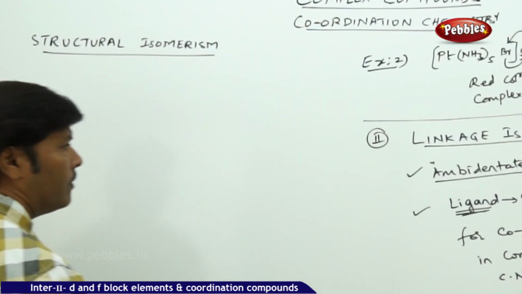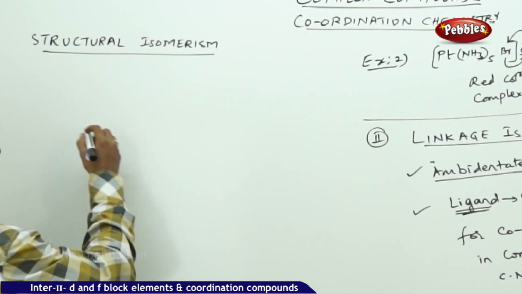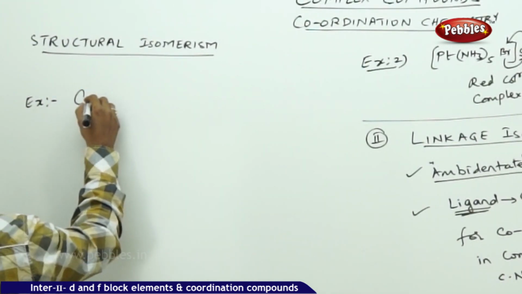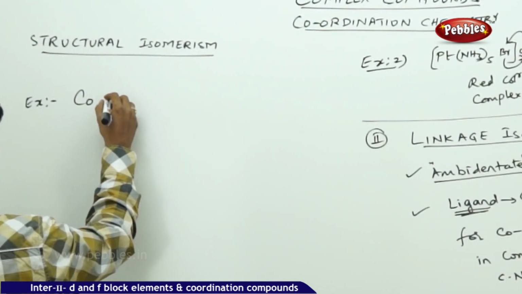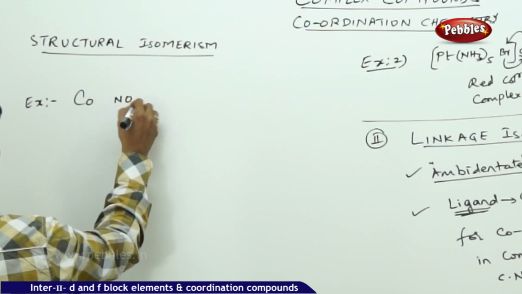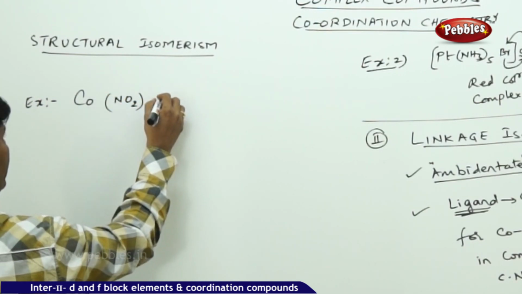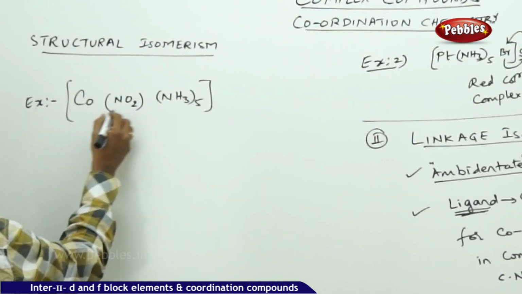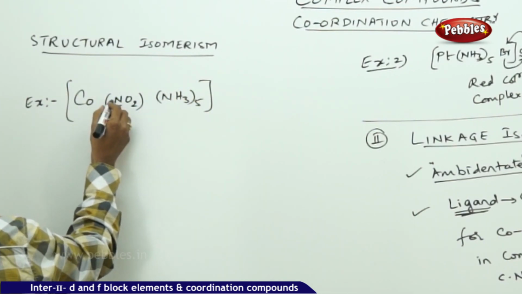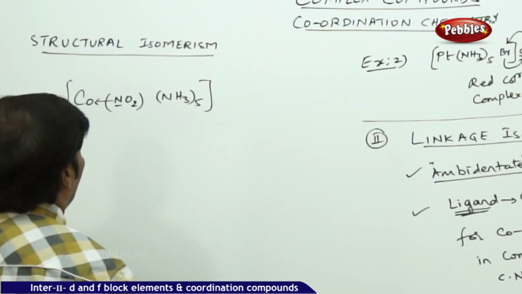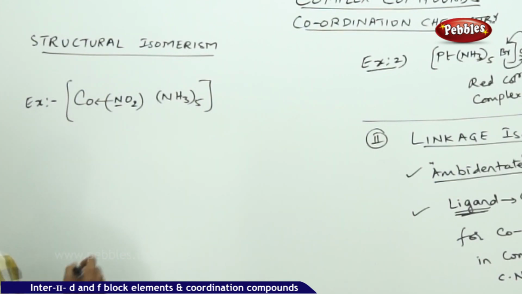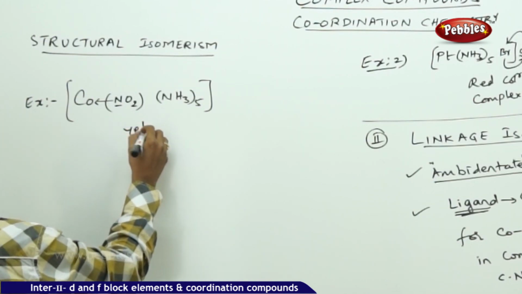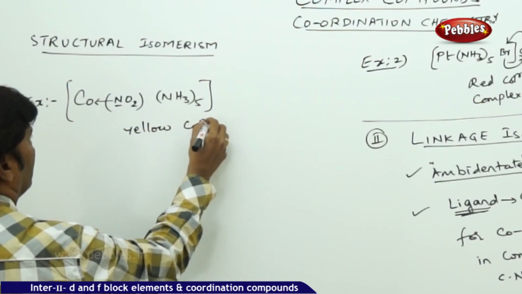Take an example of linkage isomerism. You can take cobalt of NO2 with NH3 taken 5 times. I'm underlining this: here nitrogen coordinates with the cobalt in this complex. This is a yellow color complex.